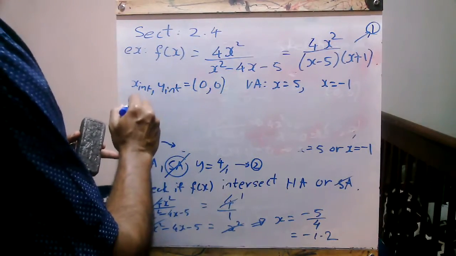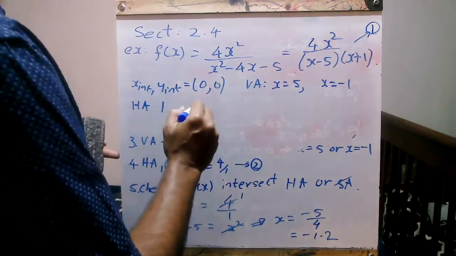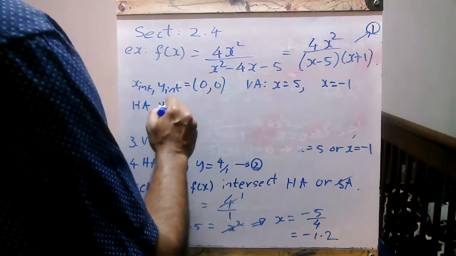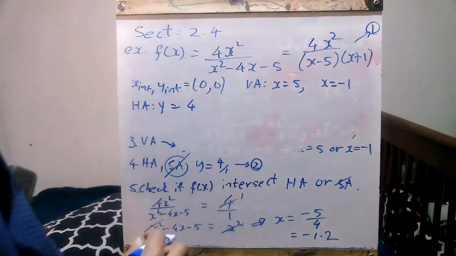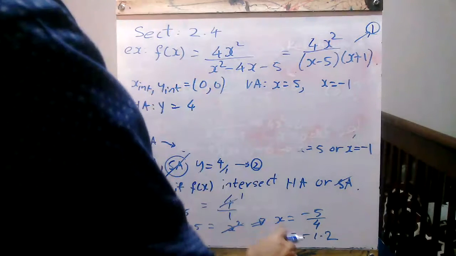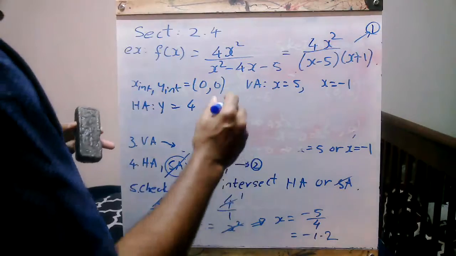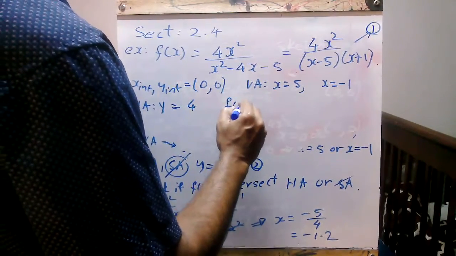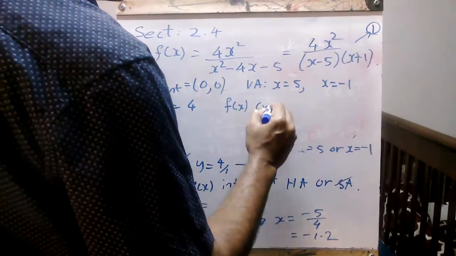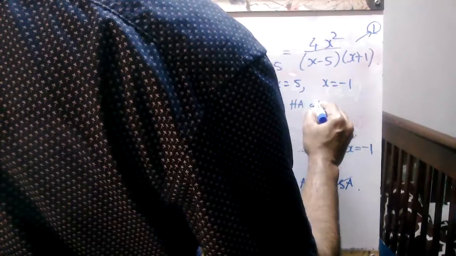Horizontal asymptote y equals 4. We found f(x) intersects the horizontal asymptote at negative 1.2. f(x) crosses the horizontal asymptote when x equals negative 1.2.